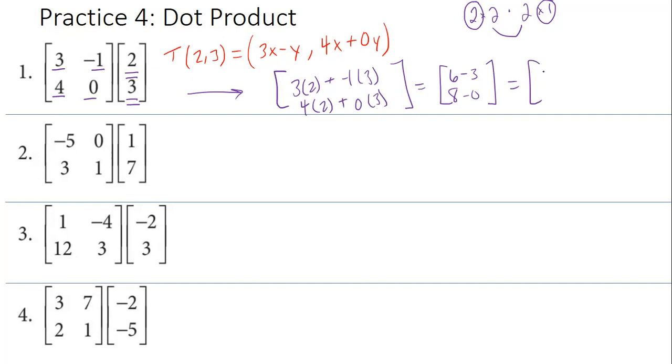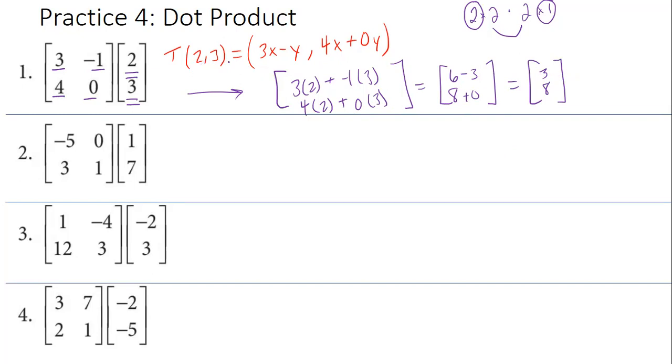Say that again. How come there's a minus from 8 minus 0? Does it really matter if I subtract or add 0? It really does. Oh, okay. So if you look at it in this sense, is this not exactly what we did? Did we not do 3 times 2?